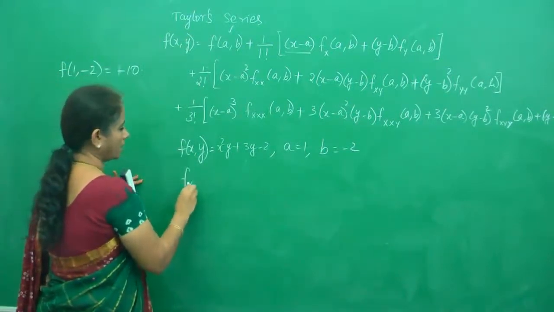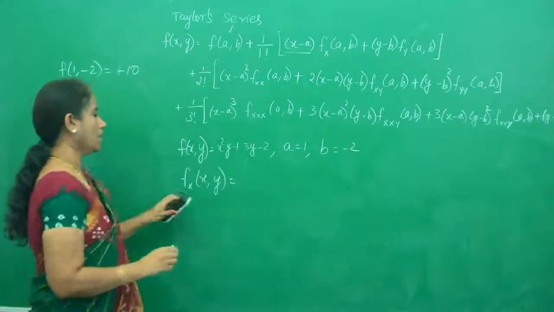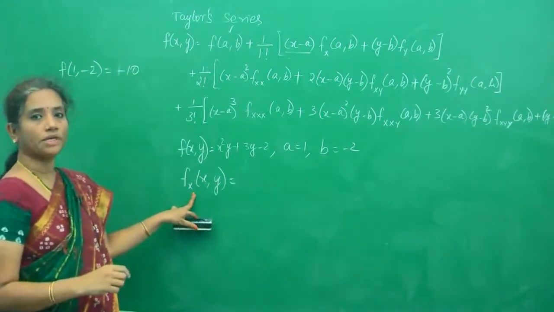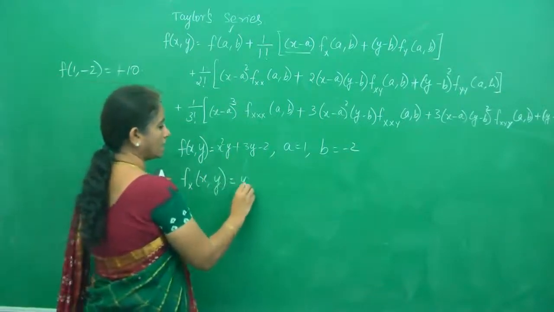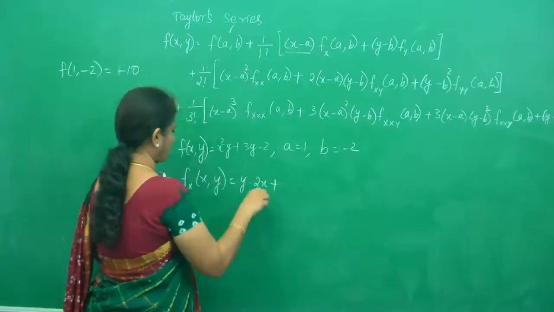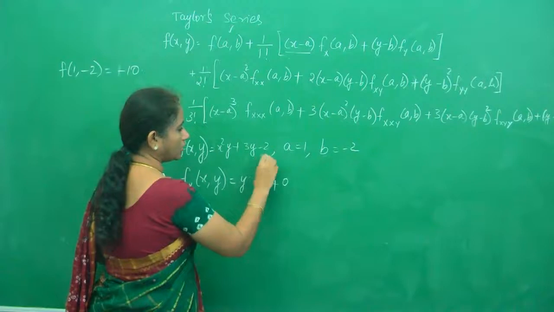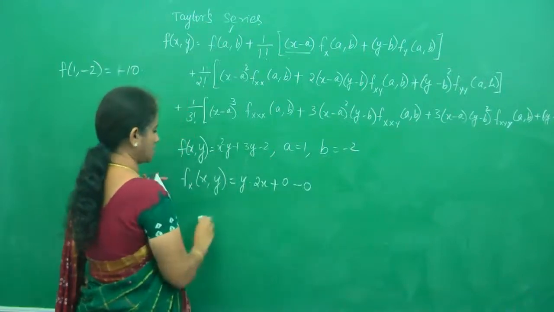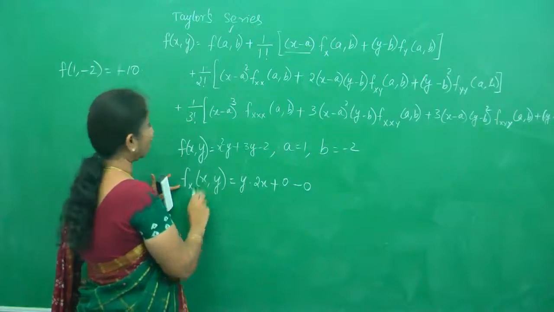So for that I need to do fx of xy to start with. Now I am going to differentiate with respect to x partially. So you know y is a constant, let me put it to start with, and 2x plus, what is the derivative of 3y? 0. And of course derivative of constant is 0. So now I need to know fx of xy.